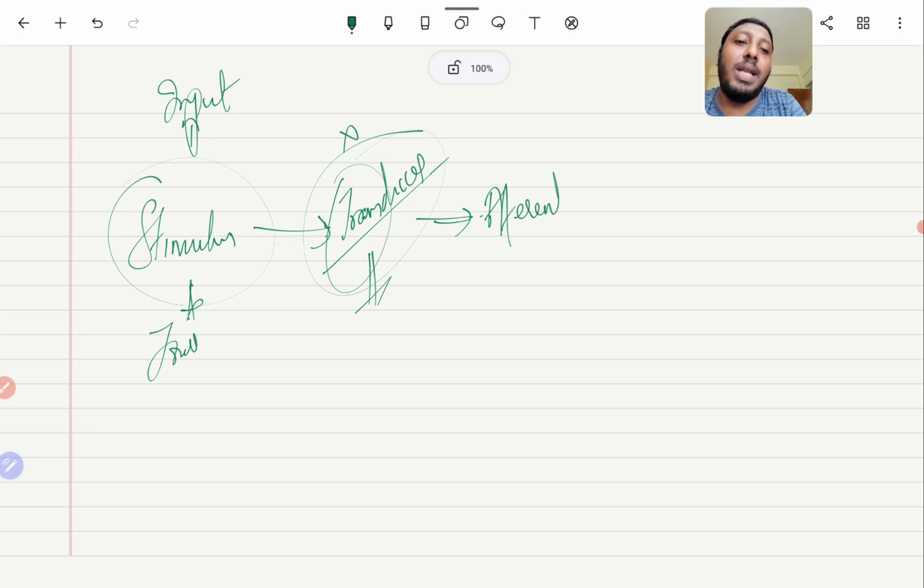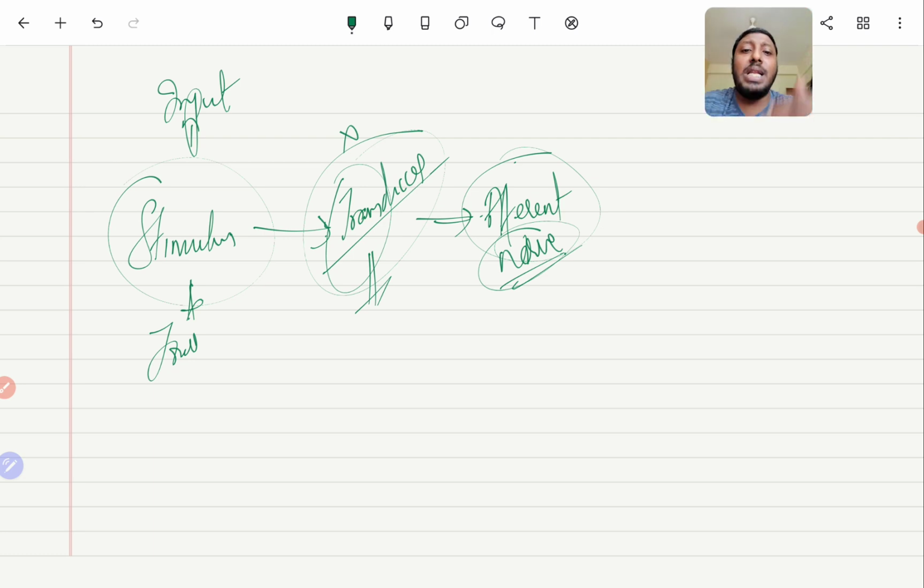Then the afferent. These are the terms that you will have to remember. While talking about reflexes, we need terms so that we can talk easily. This is a part of the language. So the transducer converts the stimulus into electrical impulses, and it is taken by an afferent nerve. Afferent nerve means it comes towards the central nervous system, like the spinal cord or the brain.